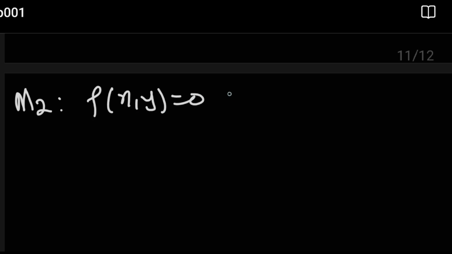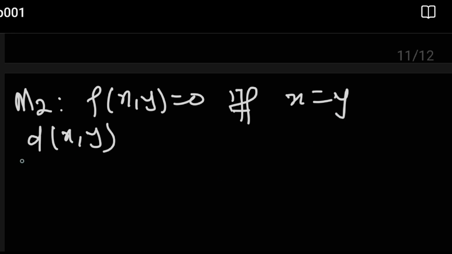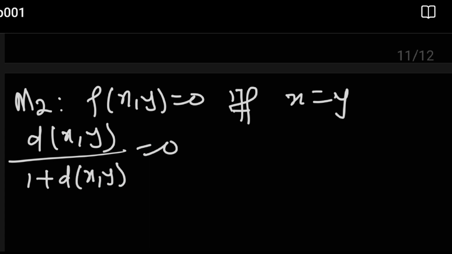The second one will be rho of xy equals 0 if and only if x equals y. So what's rho of xy? d(x,y) over 1 plus d(x,y) equals 0.